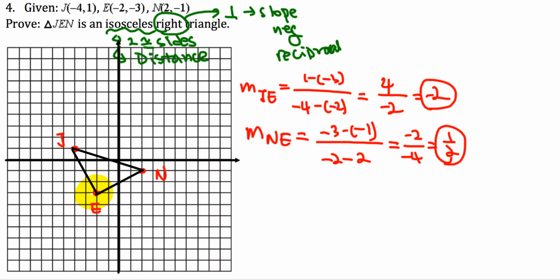Next, we can say line segment JE must be congruent to EN because they look about the same. So to show that it's an isosceles triangle, we'll be using the distance formula. So what is JE?